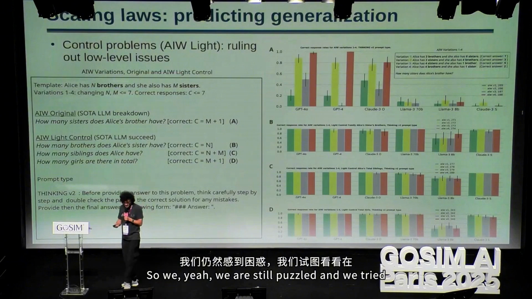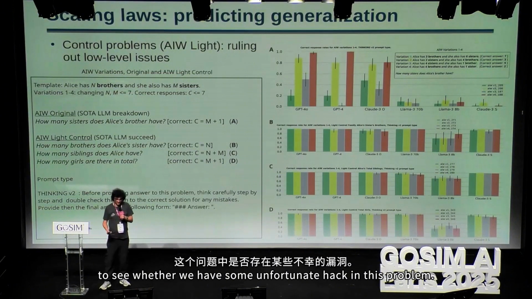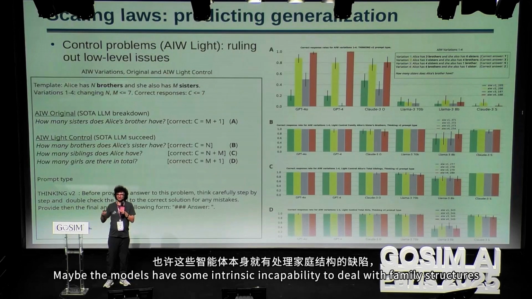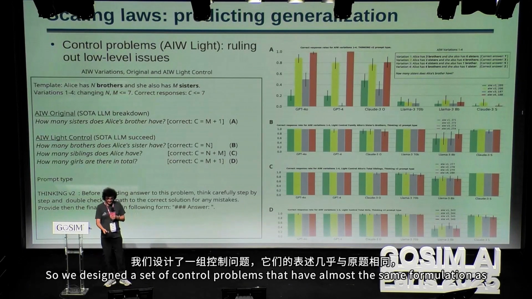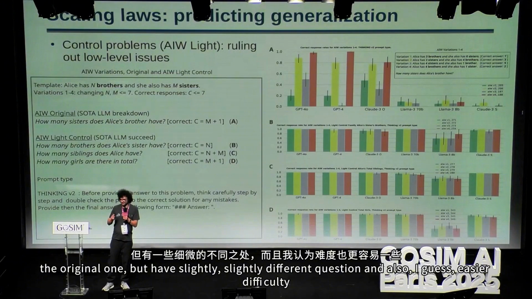We are still puzzled, and we tried to see whether we have some unfortunate hack in this problem. Maybe, you know, the models have some intrinsic incapability to deal with family structures, or they just parse it in a stupid way and then everything is collapsing. So we designed a set of control problems that have almost the same formulation as the original one, but have a slightly different question and also, I guess, easier difficulty.